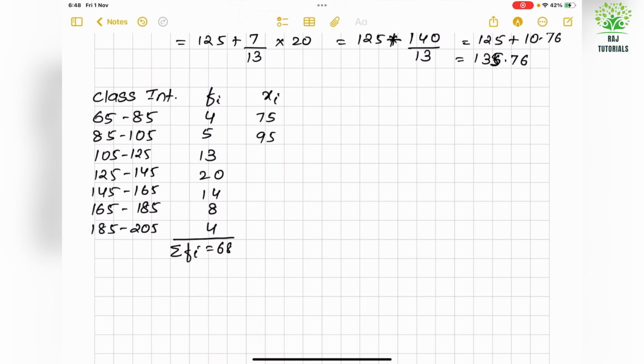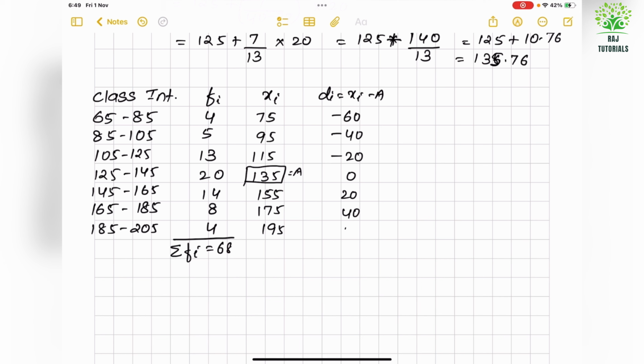Now again, to find the mean, I am using class interval, fi, xi; the sum of both divided by 2. So 75, here it will be 95, 115, 135, 155, 175, 195. So A will be 135. Now di equal to xi minus A: minus 60, minus 40, minus 20, 0, 20, 40 and 60.